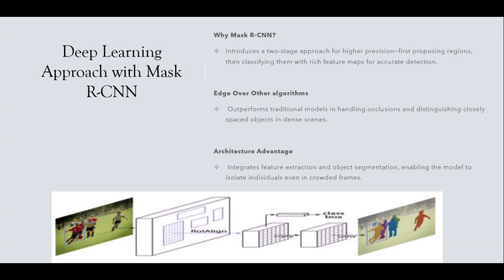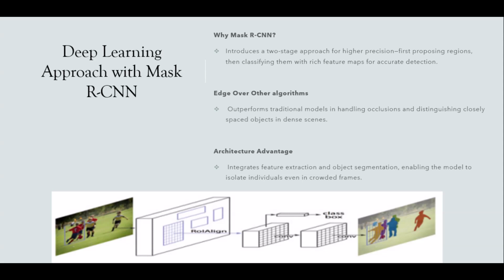Then our model is Mask RCNN. You've seen we have transitioned from the convolutional neural network to Mask RCNN. But remember, Mask RCNN is also in a series of algorithms that came after CNN. For example, we have Fast RCNN, Faster RCNN.